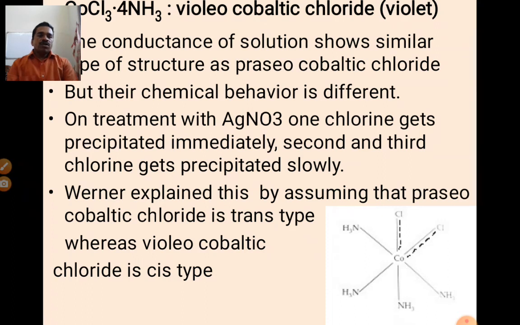But the color is different, so we may explain this as they being isomers of each other, and Werner said that the previous was the trans isomer and this is the cis isomer of the complex, which indicates the presence of isomerism in these coordination compounds.